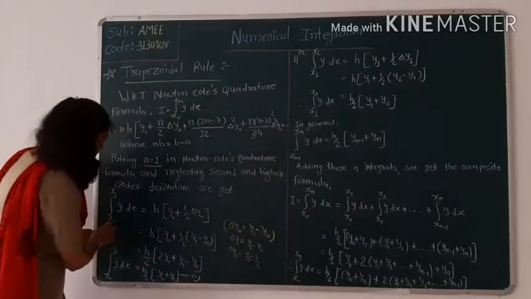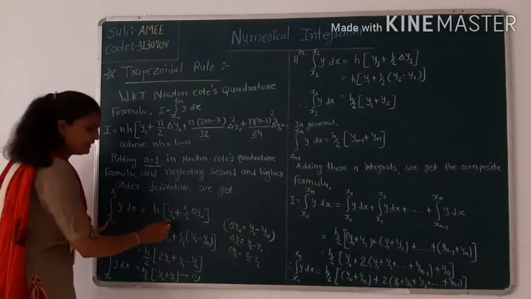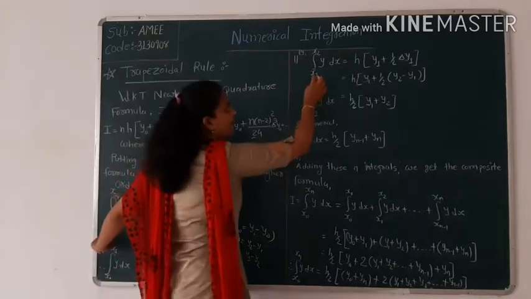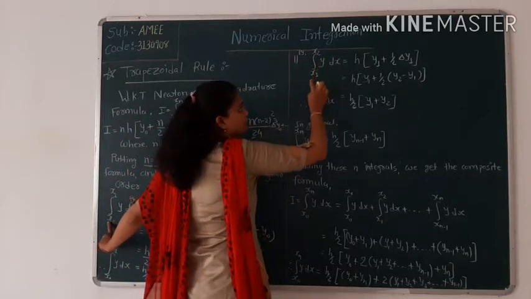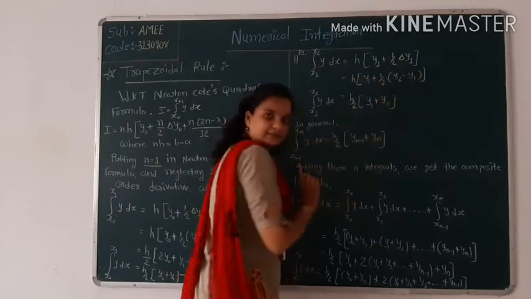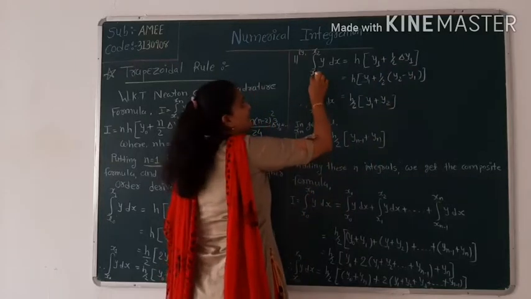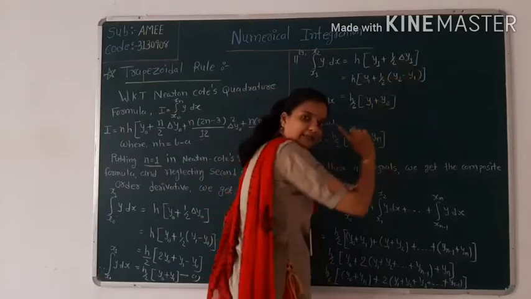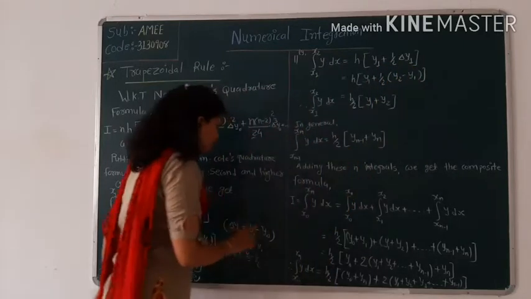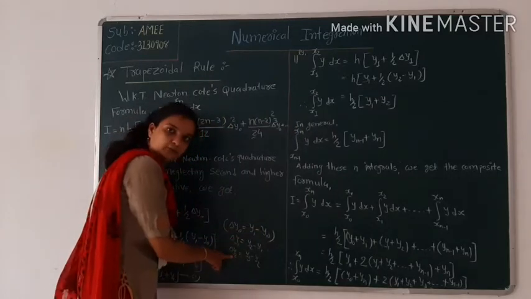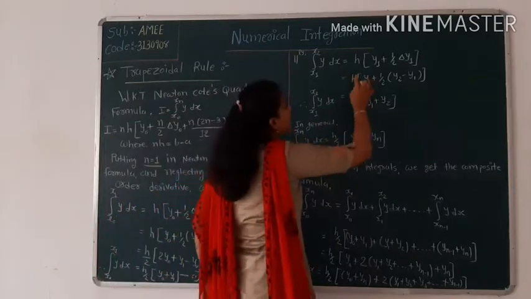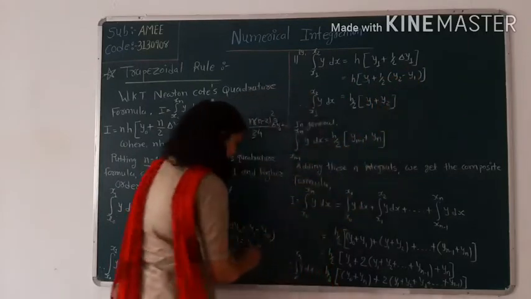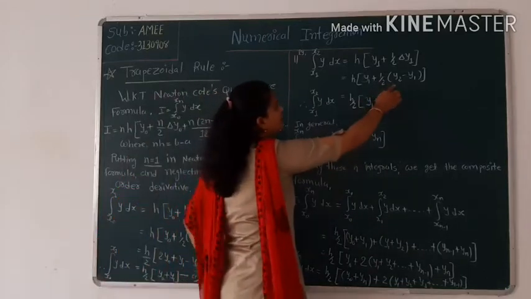If x0 to x1 is given, we have y0 plus 1 by 2 delta y0; in the same way, for x1 to x2 we have y1 plus 1 by 2 delta y1, and for x2 to x3 we have y2 plus 1 by 2 delta y2. We also know the values of delta y1 and delta y2, so we simplify y1 plus 1 by 2 delta y1, where delta y1 is y2 minus y1. Put the values and simplify.